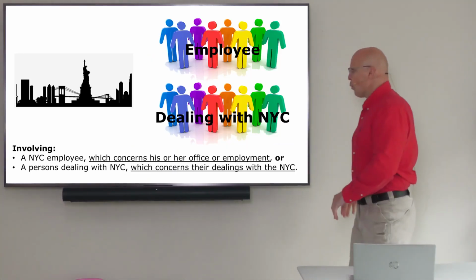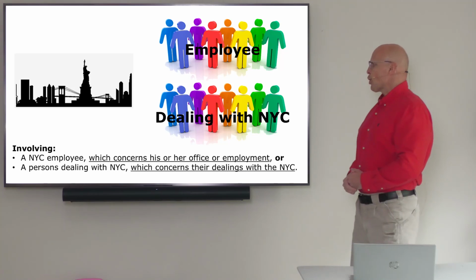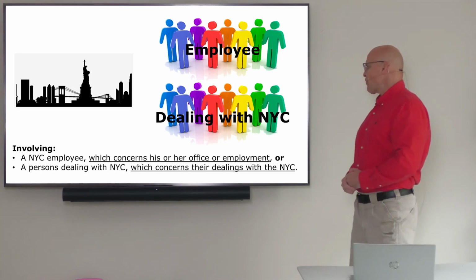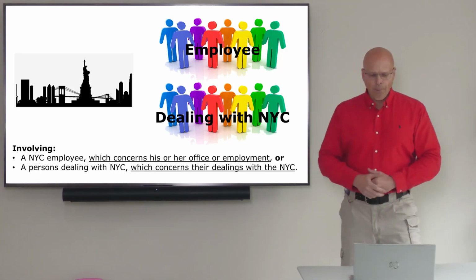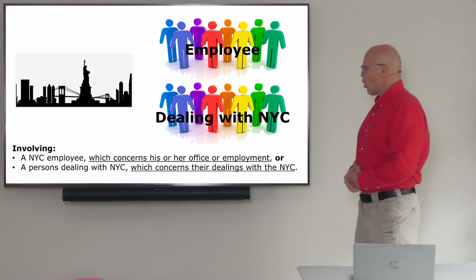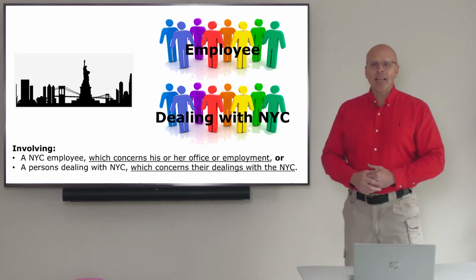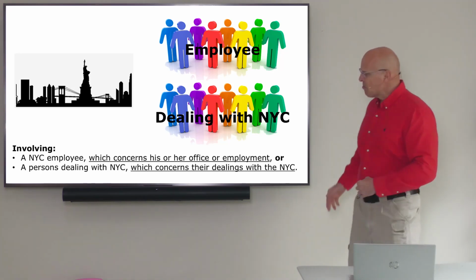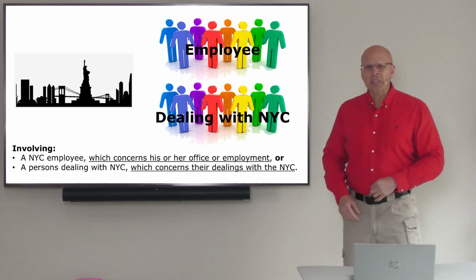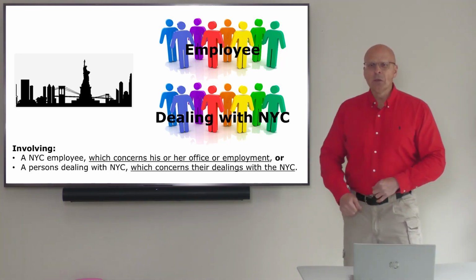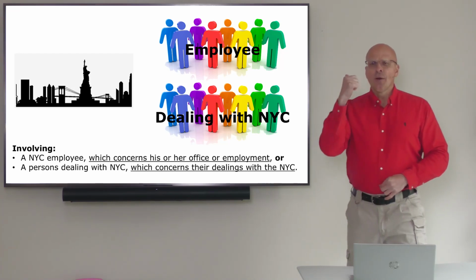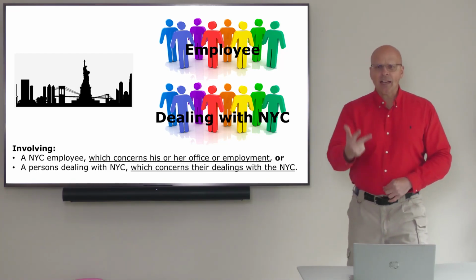It applies to a New York City employee, which concerns his or her office or employment, or a person dealing with New York City, which concerns their dealings with New York City. And really it boils down for our promotional exams. New York City employees, they're going to have to report corruption, criminal activity, and a conflict of interest.